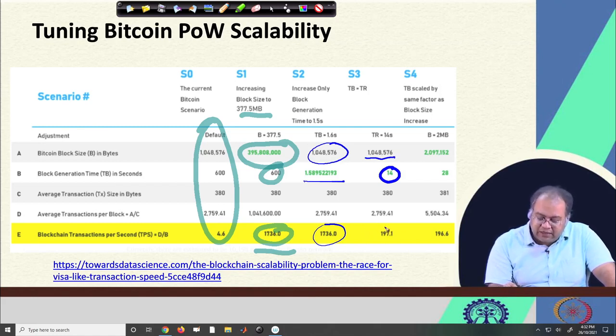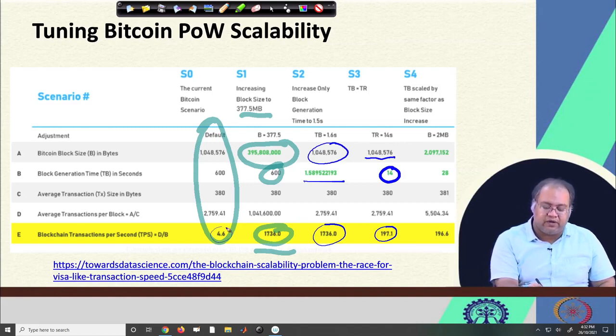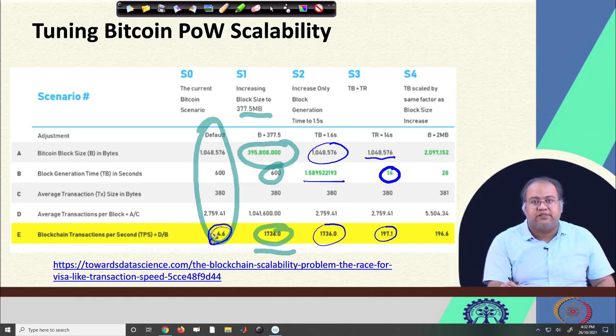So I get a transaction throughput of 197.1, which is again much less compared to what is required for Visa, but it is much higher compared to what is supported by default. That means it is much higher compared to 4.6.